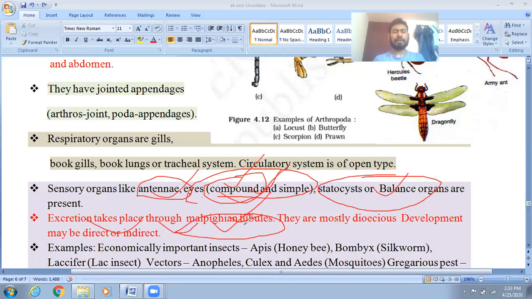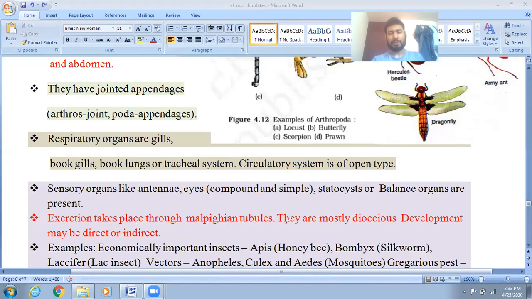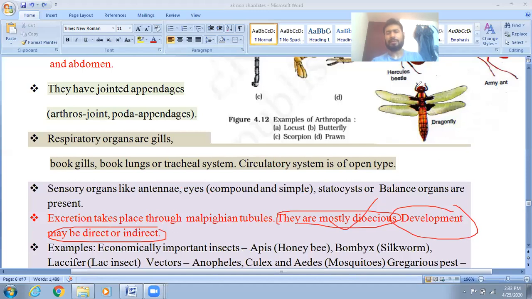They are mostly dioecious, and development may be direct or indirect. Most of them, like the grasshopper, show pupa, nymph, and different larval stages.